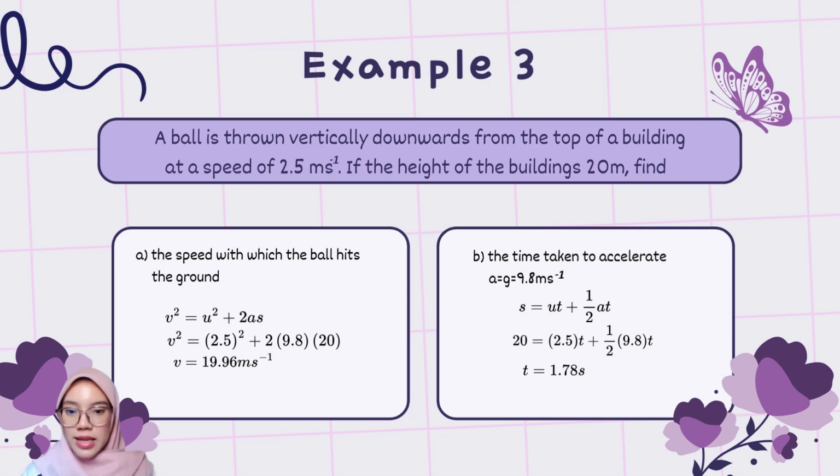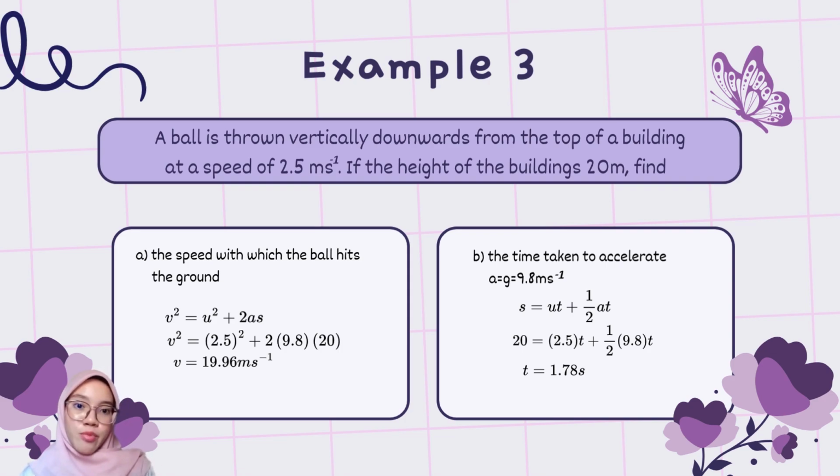19.96 meters per second. And then let's look at B, which is they want to know the time taken to accelerate, so we use the formula s equals ut plus 1/2 at squared, and we substitute the values, which is s equals 20, u is 2.5 and a. a is g, right?